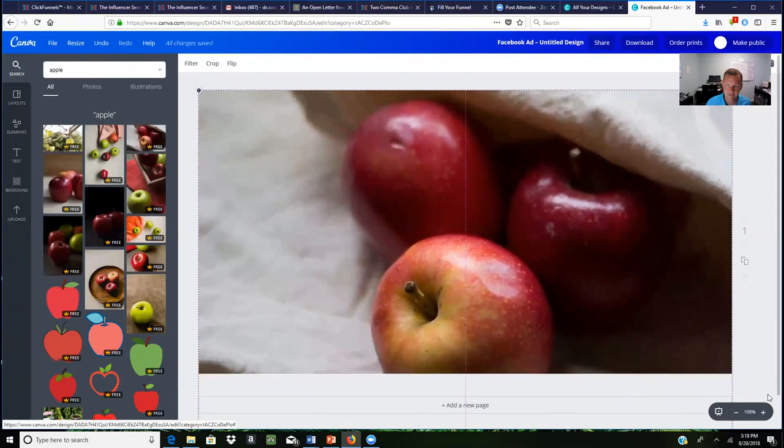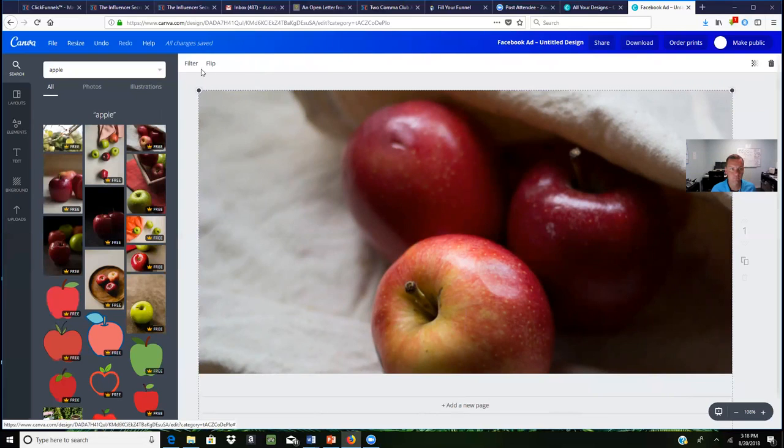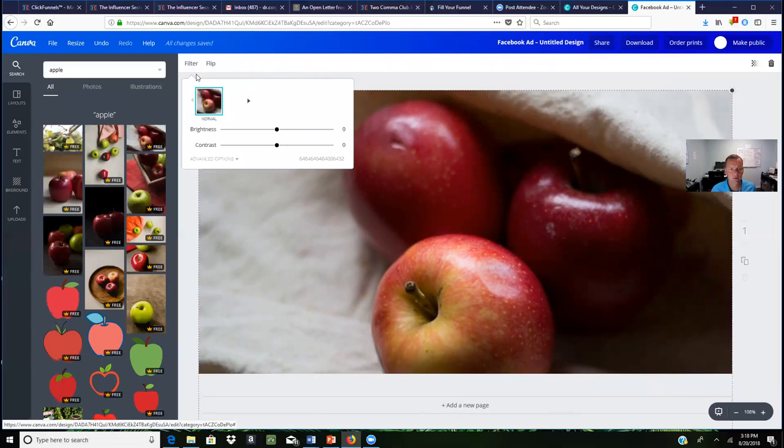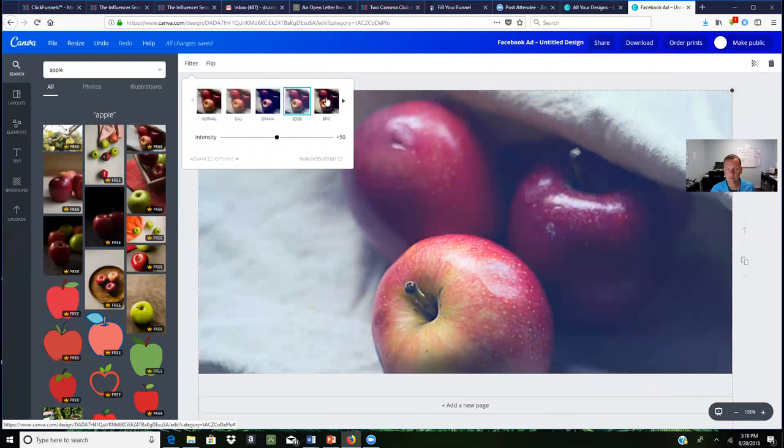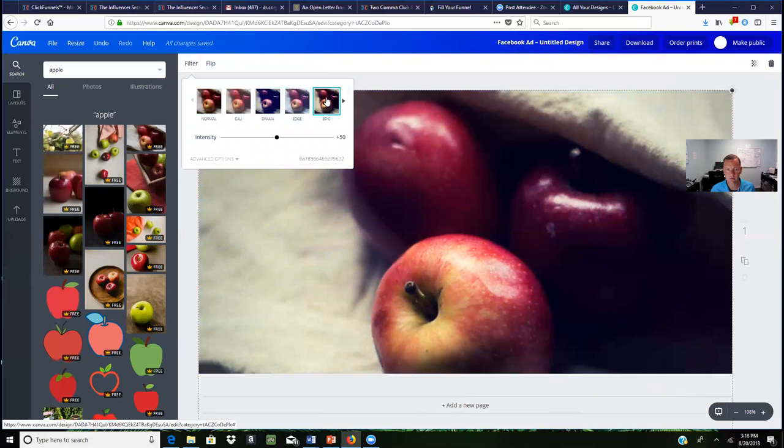So now you've got an apple, and I'm going to size this. The image itself wasn't sized to the Facebook ad situation, so I've got to resize it. So this is the way the image would show up. And then I can even filter it. If I want it to pop a little bit more, I can pick one of these filters and go with something else, right?